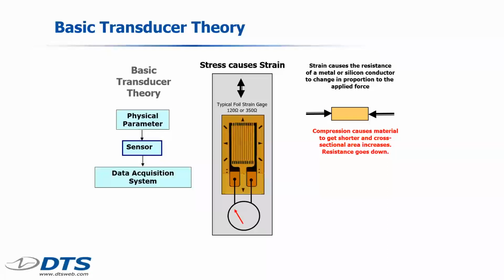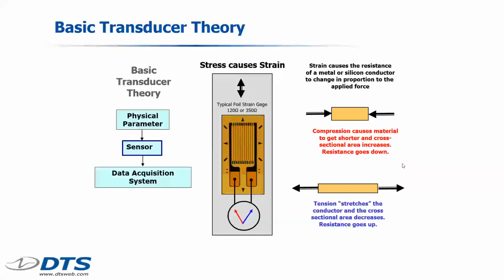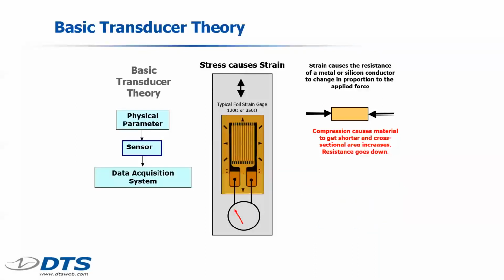If we put a very sensitive ohm meter onto the strain gauge and we compress the specimen, the resistance will go down. If we put the material in tension, the material gets a little bit longer, the conductors have a little higher resistance, and the resistance goes up. Again, compression means the resistance goes down, and tension means the resistance goes up.